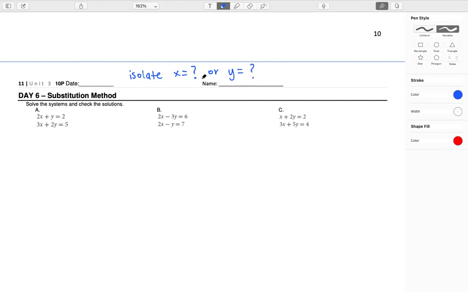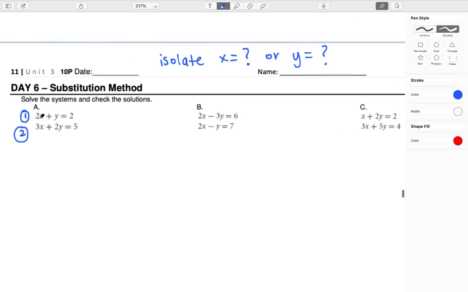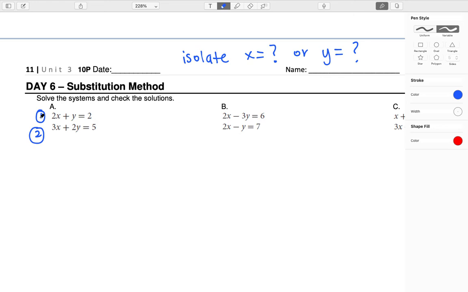But I prefer to isolate the variable that does not have a coefficient. So let's take a look at A. So I'm going to number equation 1 and 2. In this case, I'm going to isolate for y because no coefficient is in front of y. It's just 1. So it's going to be easier.